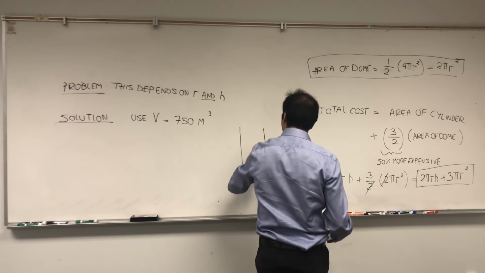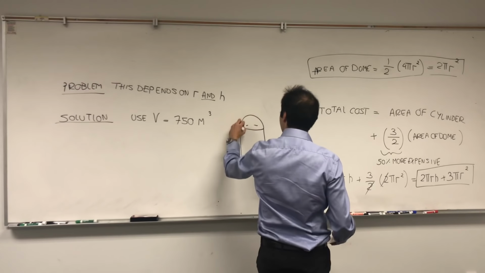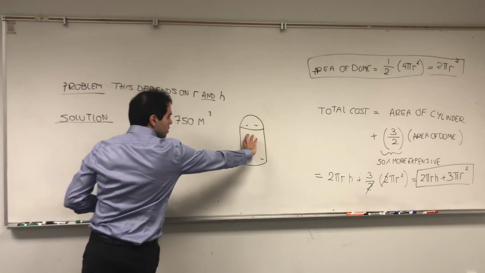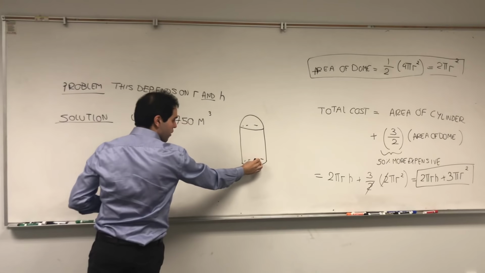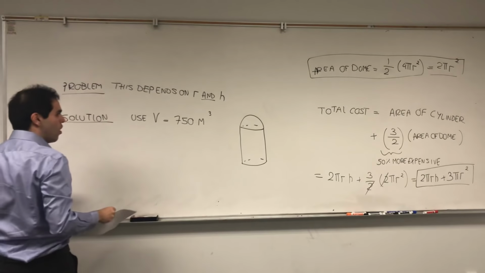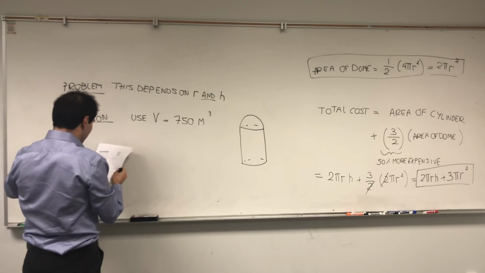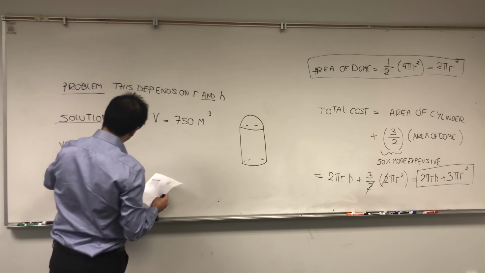So I would like to remind you, the tower is just a cylinder plus a dome. So the volume itself is the volume of the cylinder plus the volume of the hemisphere. So let me just remind you, the volume of the cylinder.